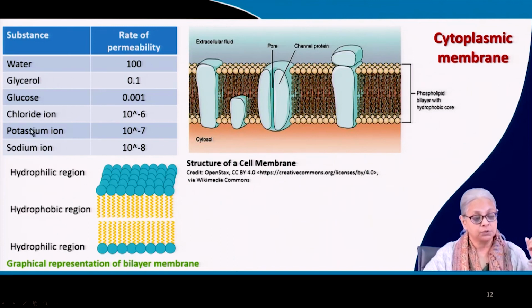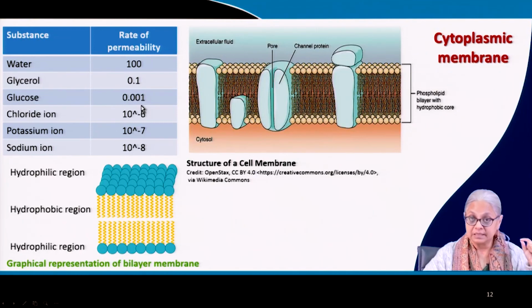Okay, so you look at all the other compounds. How well do they pass through the membrane in comparison to water? So water is given 100. Just to give a relative scale, glycerol is 0.1, which means 1000 times less permeability compared to water.